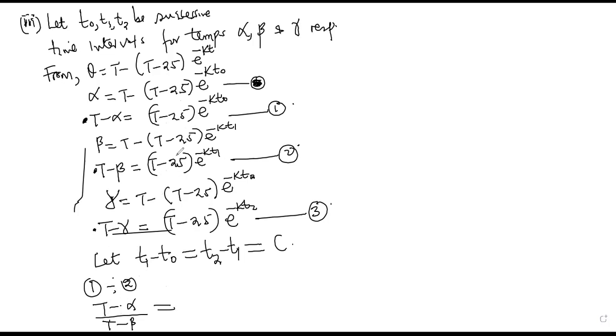So I will have e, then k. Since I'm dividing, I will subtract the powers, so it will be t1 minus t0.